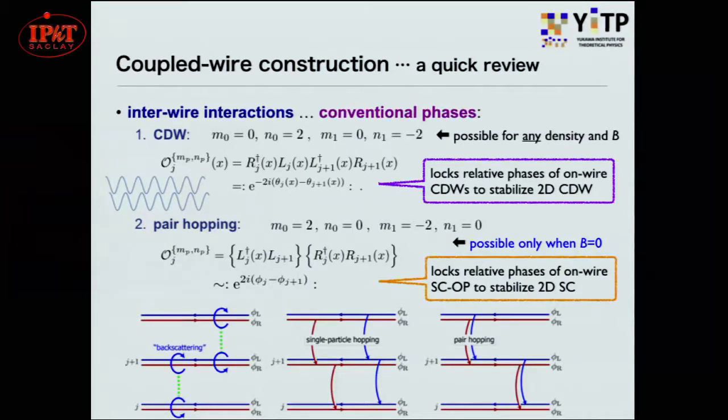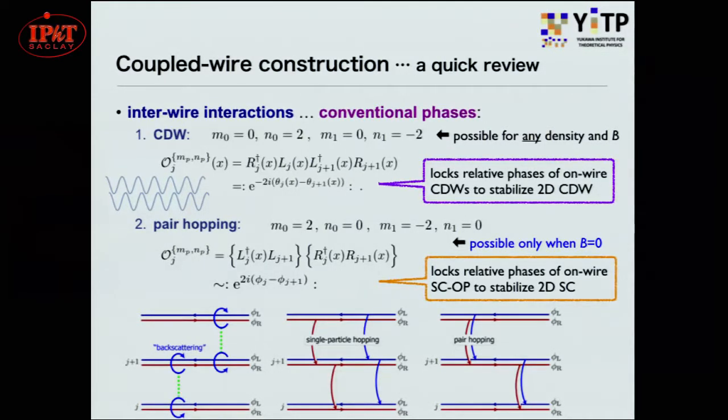This is nothing but a coupling of the CDWs on the neighboring chains. This kind of interaction stabilizes in-phase or out-of-phase coupling of the charge density waves on the neighboring chains. That's how you stabilize a two-dimensional charge density wave. This is the usual mechanism of CDW stabilization.